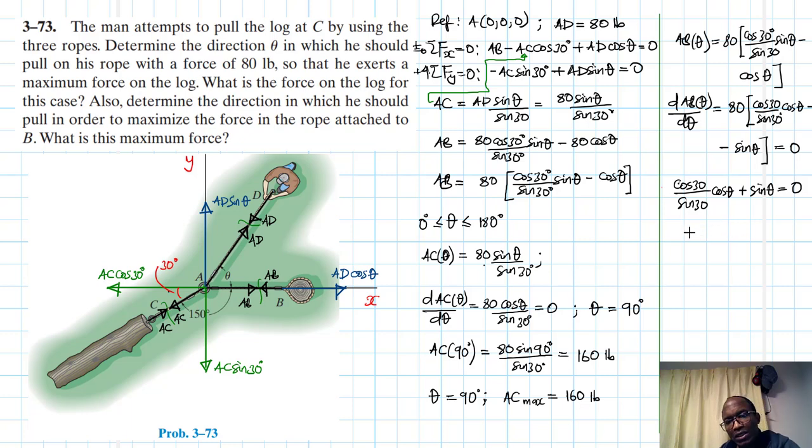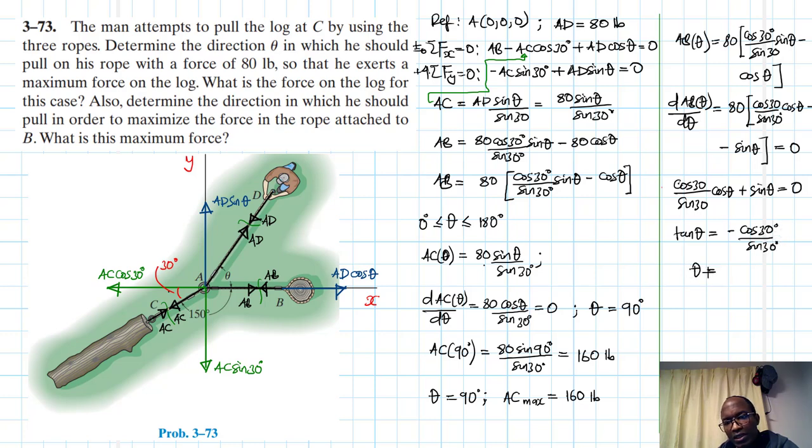If we are to write this, divide through both sides by cos theta, then this becomes tan theta equal to minus cos 30 divided by sine 30.